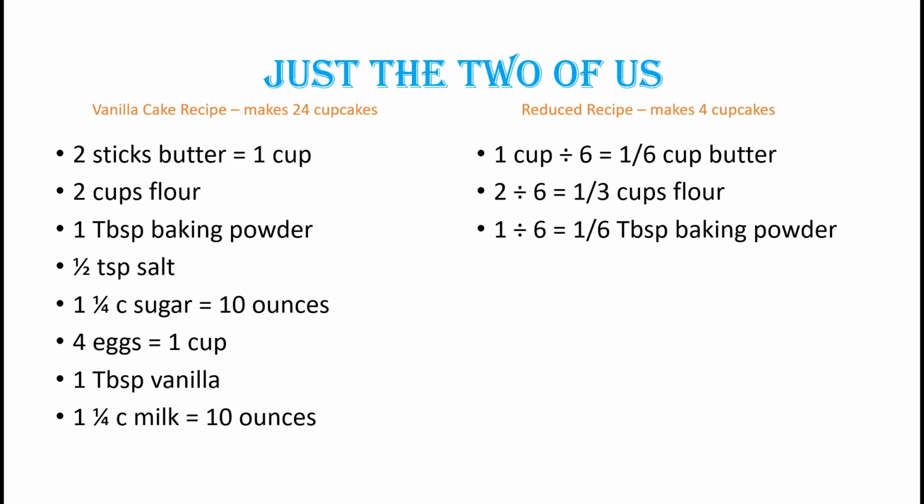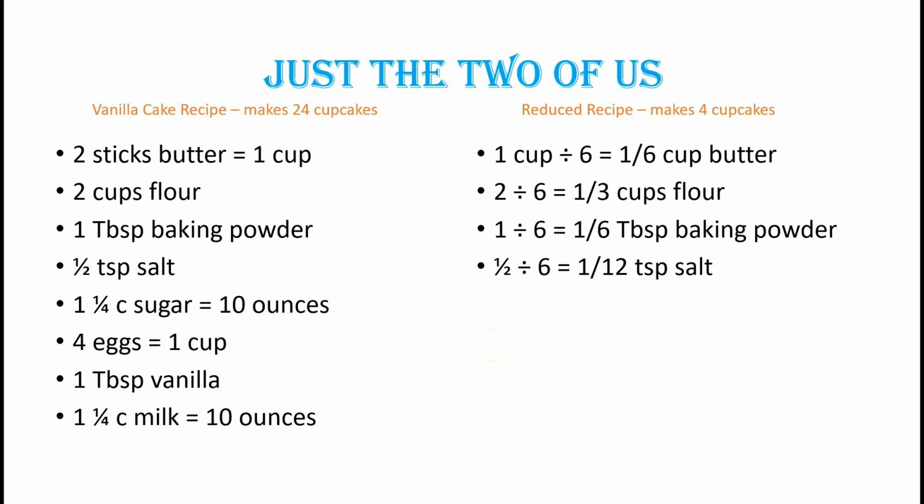And you know that in real life, if you have just a 1/2 teaspoon of salt and you want to divide that into 6, it's just really a pinch of salt. But for math purposes, 1/2 divided by 6 is going to be 1/12. 1/12 of a teaspoon of salt.